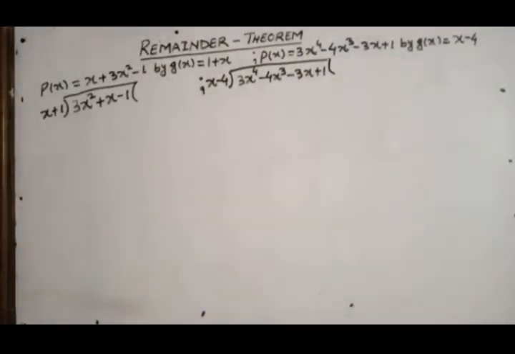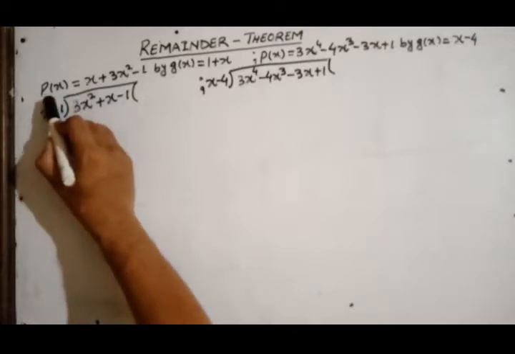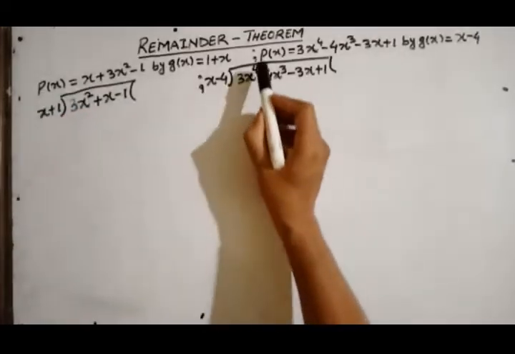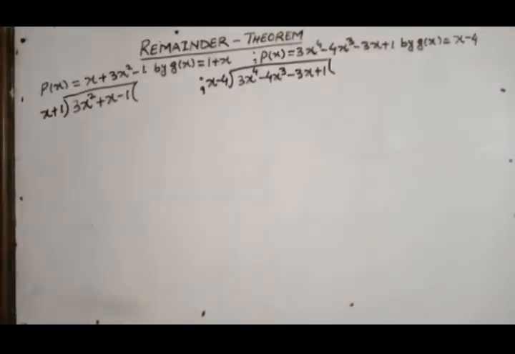Here you may observe that the degree of dividend p(x) is more than the degree of divisor g(x). Similarly, in this case, the degree of dividend p(x) is more than the degree of divisor g(x).